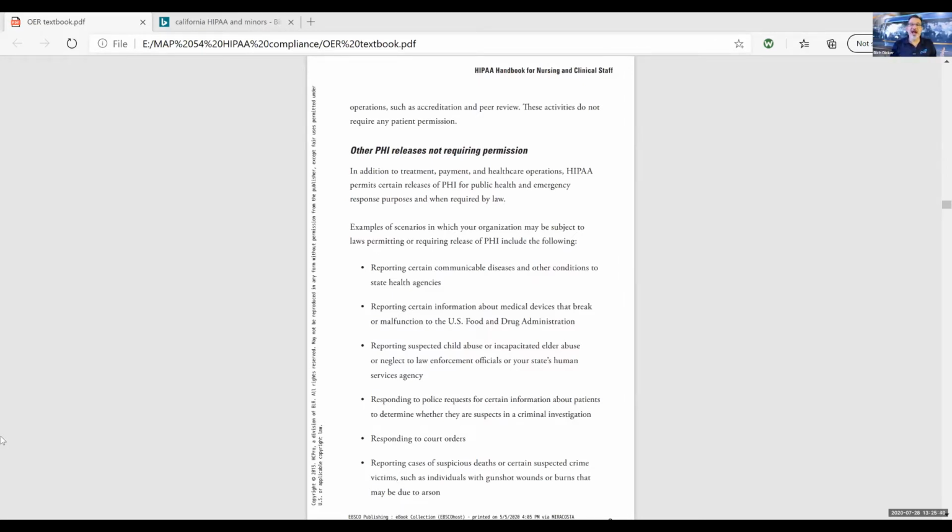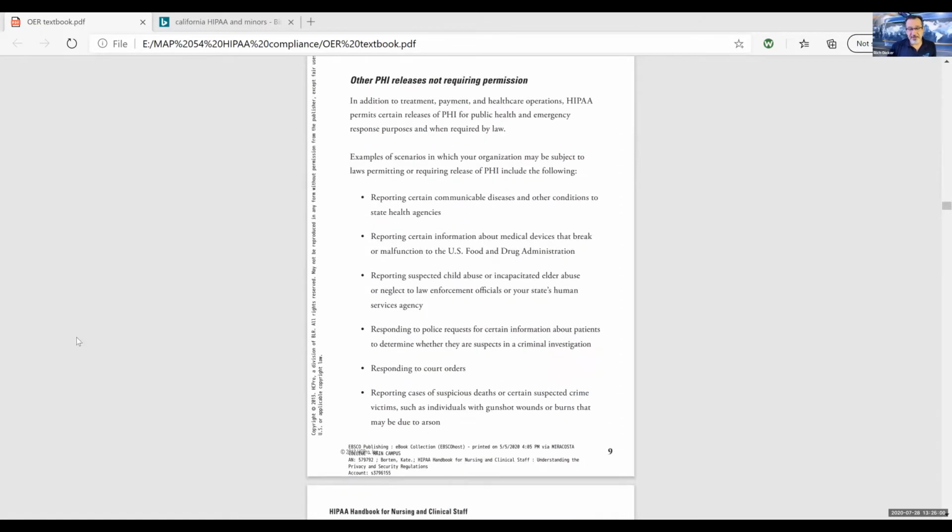Now, they may or may not determine that there is abuse, but this is not done willy-nilly. It's usually done after very thorough investigation by the healthcare providers before making the claim that we believe there is potential abuse here. So we do not need the patient to say it's okay to call the authorities.